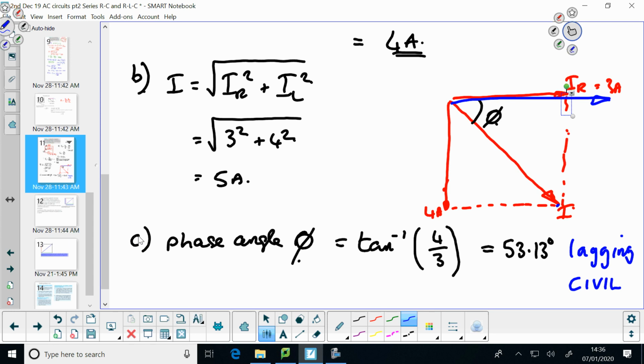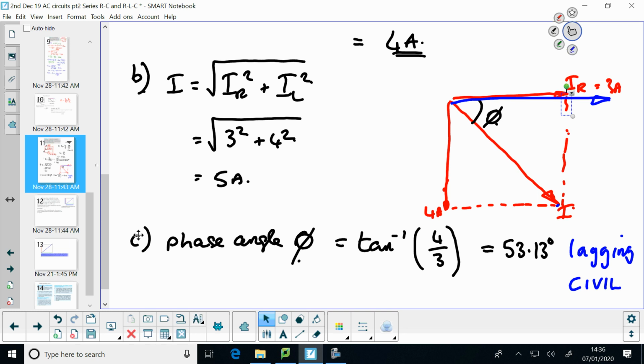So we've got a supply current of 5 amps at an angle of 53.13 degrees lagging.